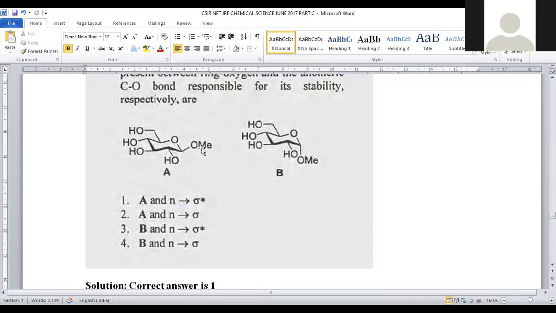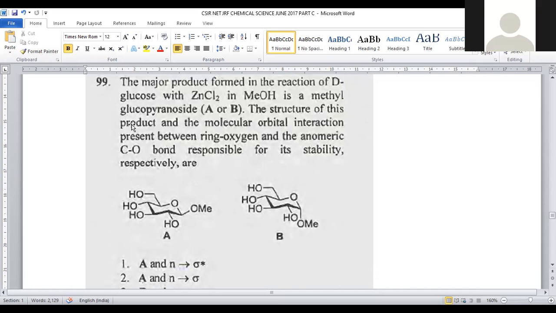Here you can find equatorial methoxy, and here axial methoxy. One is regarded as alpha, the second is regarded as beta. So these glucopyranoside molecules are regarded as, one alpha, second beta. Change in the geometry of only one center is called the anomeric carbon. So what they are asking is, among these two, which will be more stable?